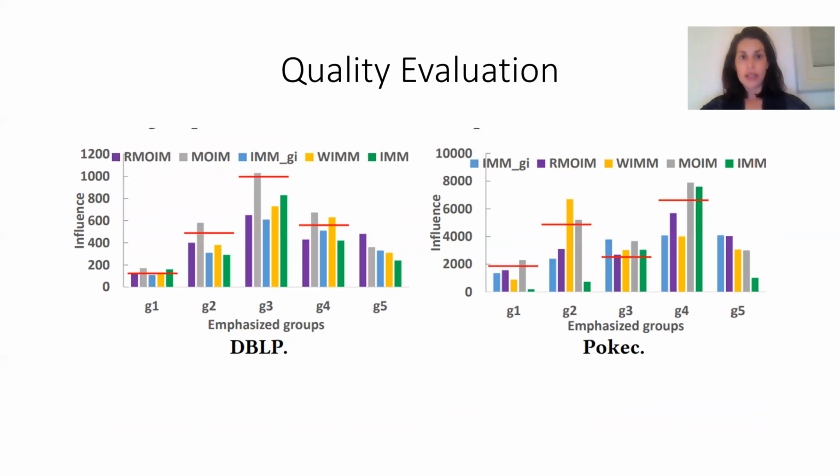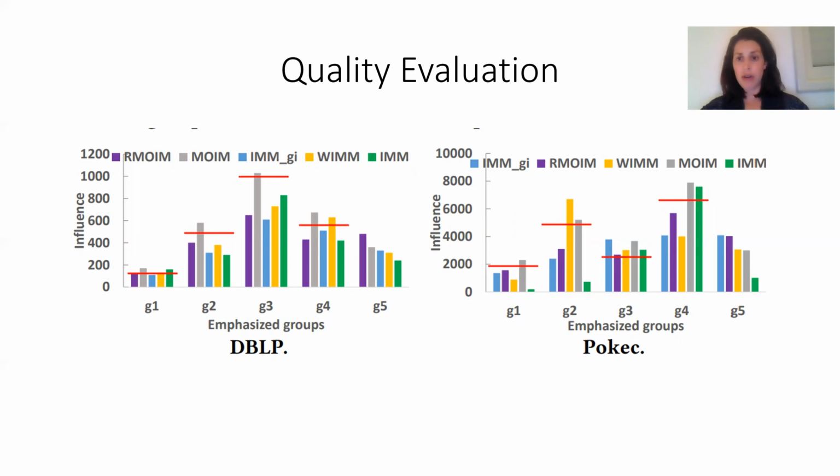As I present here in the quality evaluation, we demonstrate the results over multiple groups, in this case over 5 emphasized groups of users. And as can be seen, our MOIM algorithm is the only one that satisfies the constraints for all the first 4 emphasized groups. And in most cases, as you can see here in the DBLP dataset, its influence over the objective, which in this case is the G5 group, is the second best.